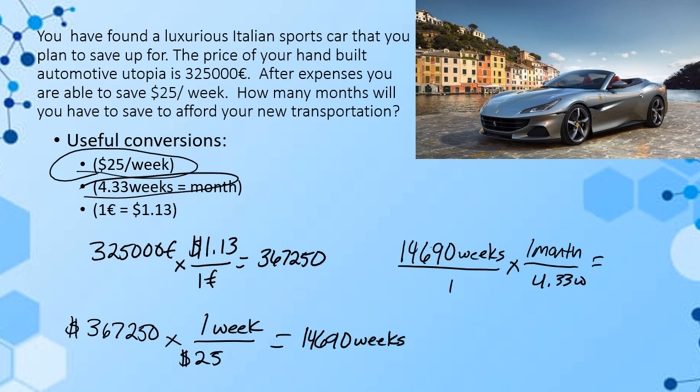Our math there shows us that we should divide 14,690. And that shows that I need 3,392.6 months to save up for my luxurious Italian sports car.